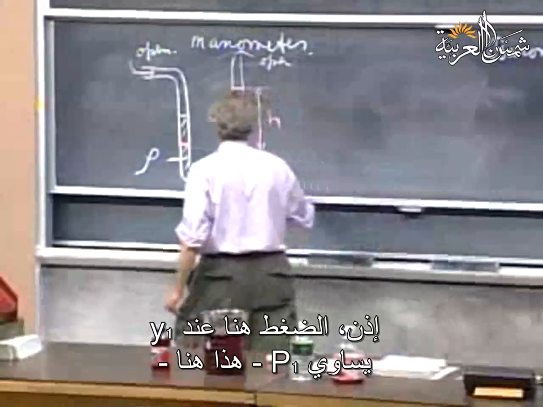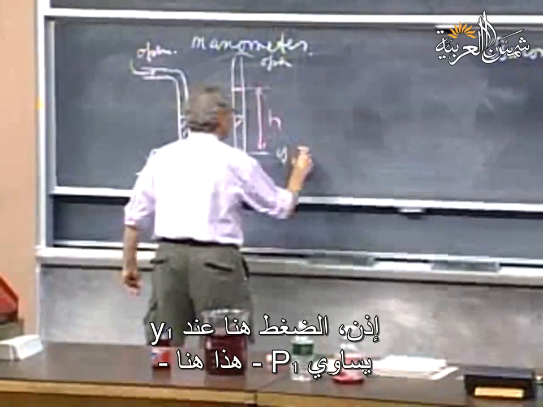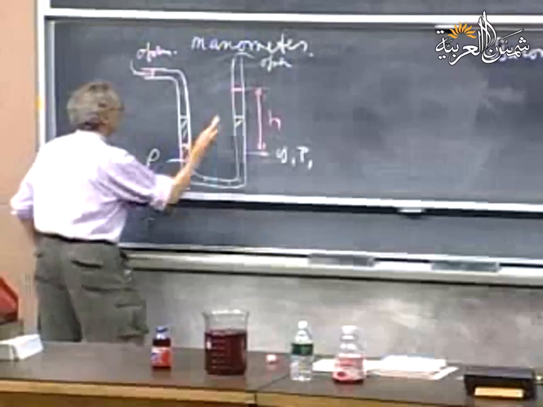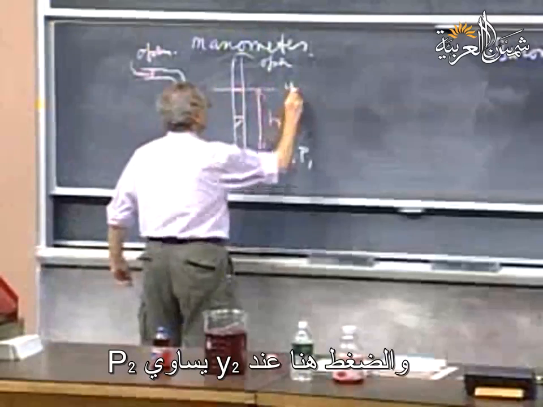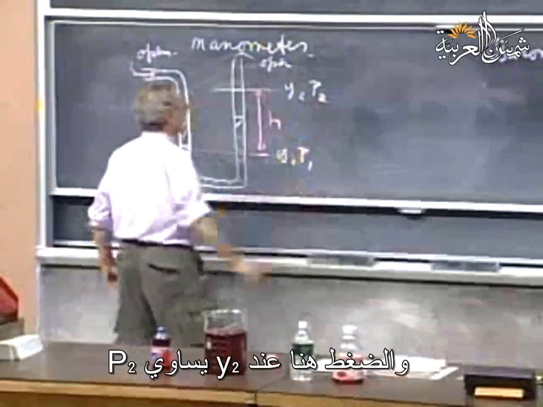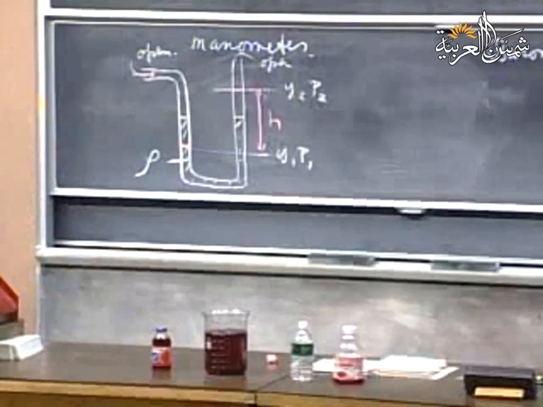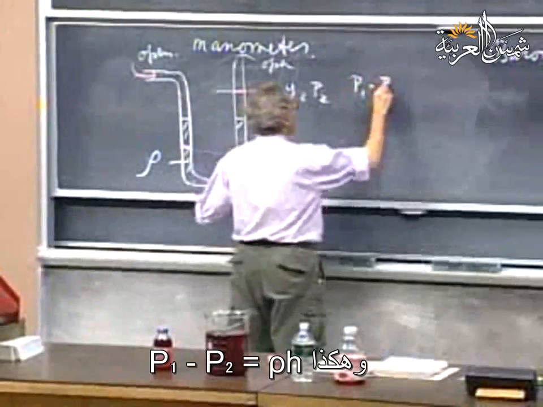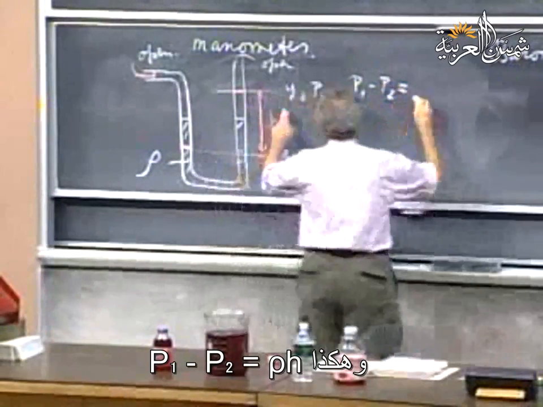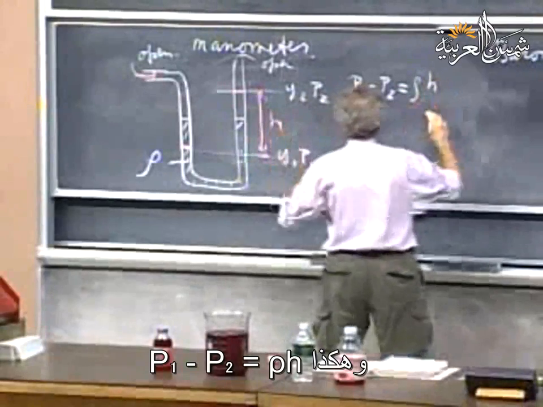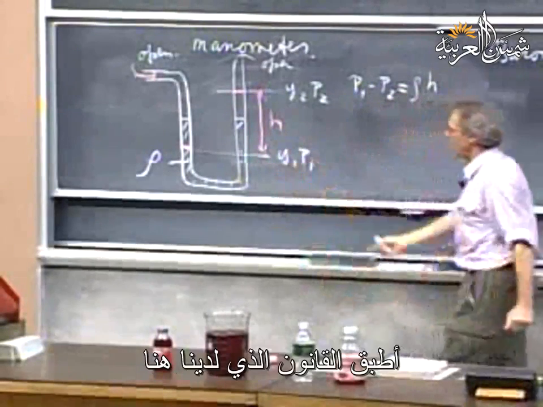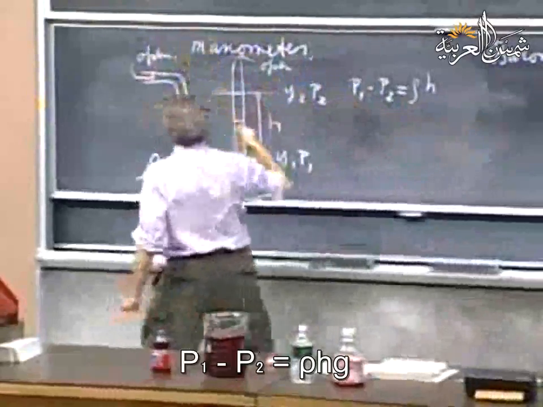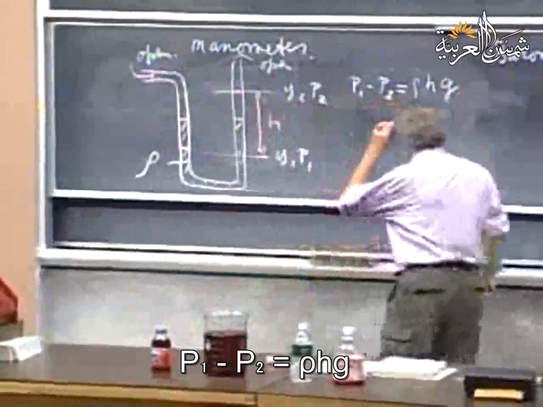So the pressure here at Y1 equals P1, and the pressure here at Y2 equals P2. And so P1 minus P2 equals rho times g times H. I apply the law that we still have here.